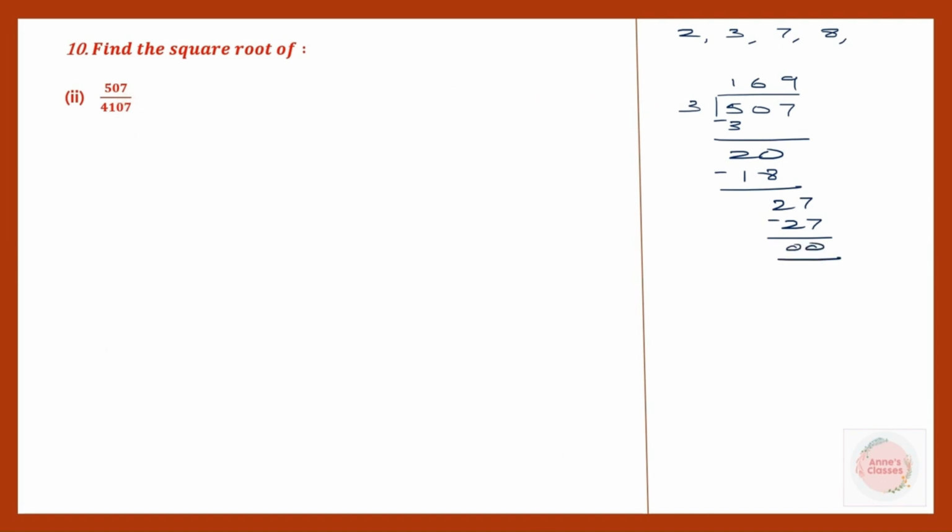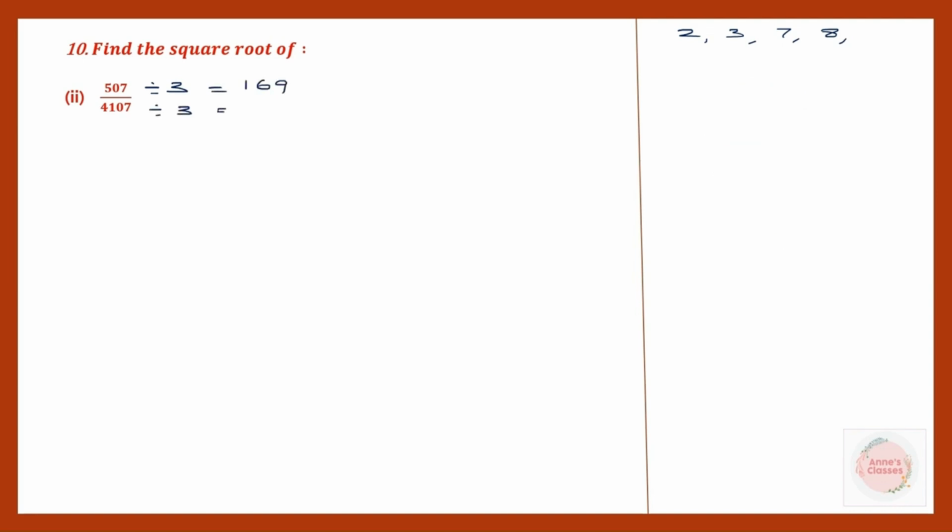So we are dividing this by 3. 507 by 3, and what do we get? 169. So here also we divided by 3, and let's see what we get. 4107, we're going to divide this by 3. 3 ones are 3, 4 minus 3 is 1.